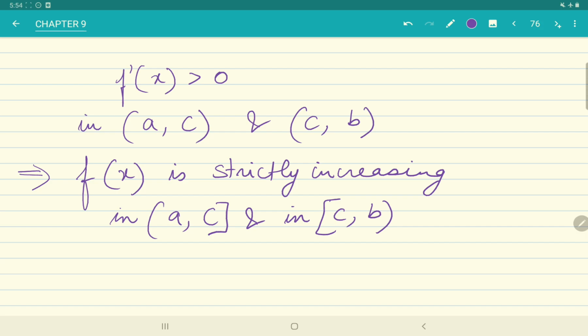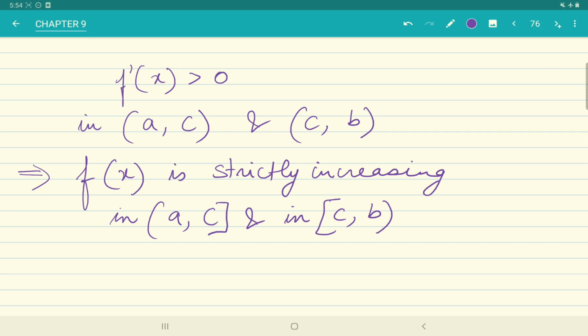I'm saying f prime x is greater than 0 in a to c, a and c not included. So c is not a part of this interval, but any point to the left of c, that point can be as close to c as possible, but it is not equal to c.